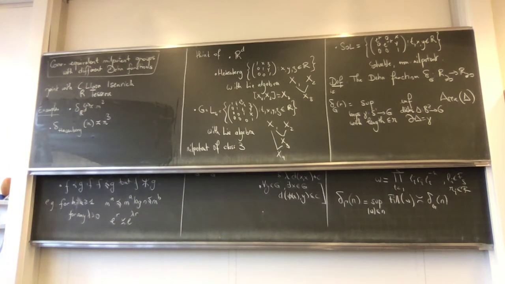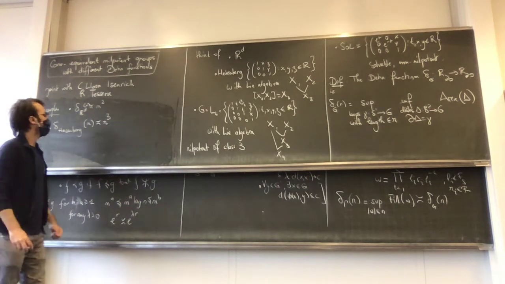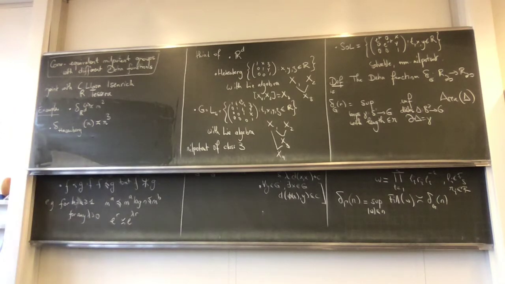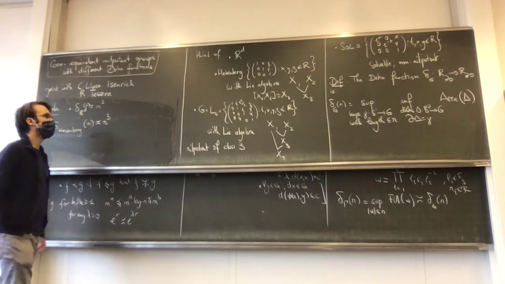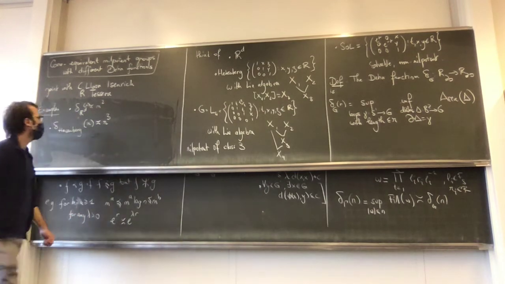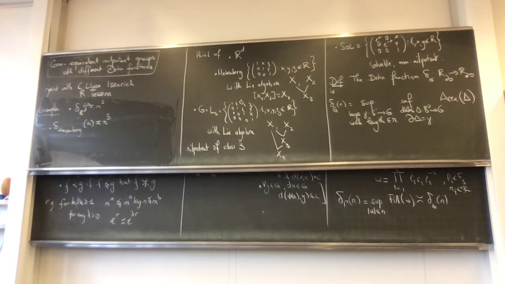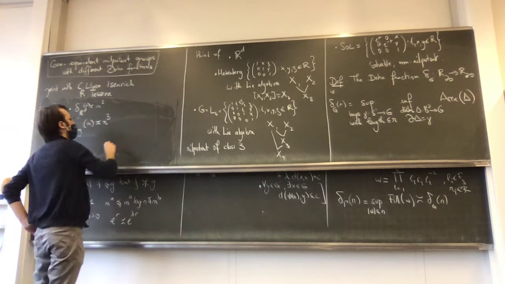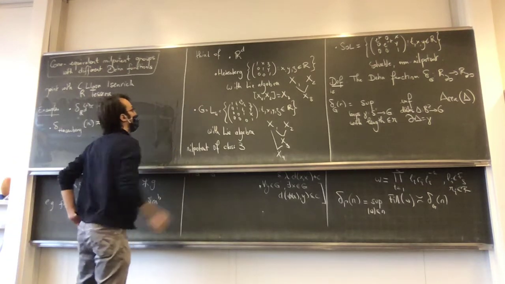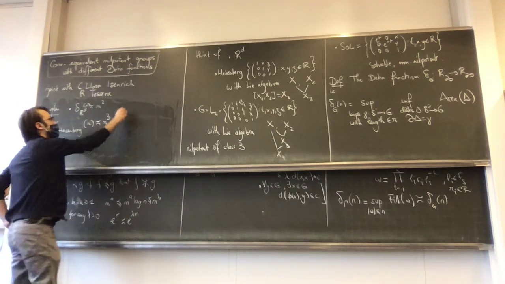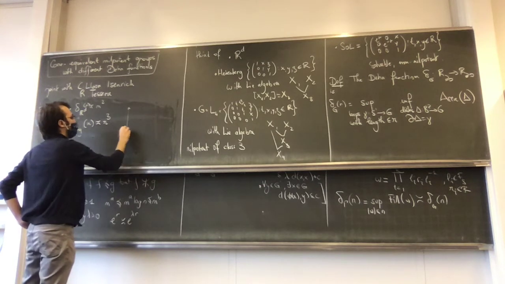So I will just sketch a quick proof for the lower bound, and actually the upper bound is often more involved because you have to fill all the loops, while for the lower bounds you only have to find one loop which is hard to fill. So I want to say that the filling in the Heisenberg group is at least n cubed, and the loop that is hard to fill, using the coordinates x, y, z, is the following one.